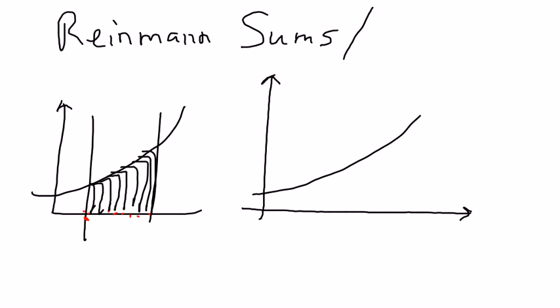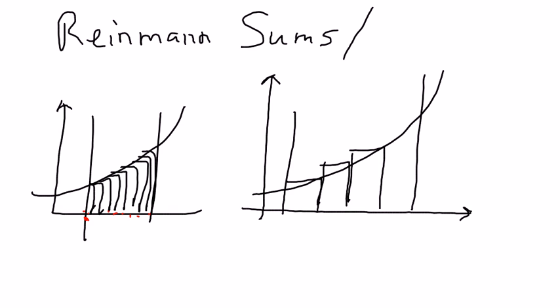If you imagine that you have a curve and you have just, let's say 4, we'll make it simple, 4 rectangles that are going to add up the area of this whole thing, you can see that there are going to be areas that are outside of that curve.